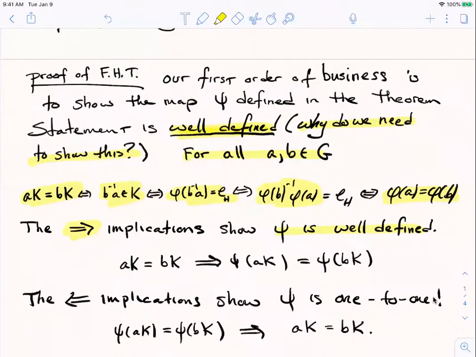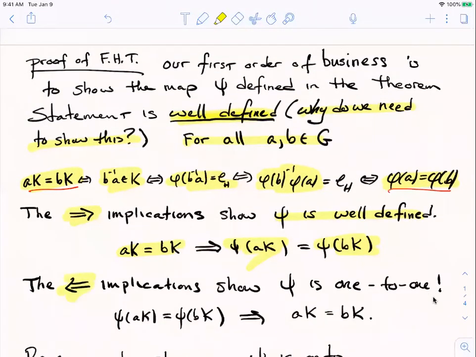Because I'm just going to look at the very first one and the very last one. It says that if the cosets containing A and B are the same, then, well, phi of A is psi of AK, and phi of B is psi of BK. So if the cosets are the same, then psi of them is the same. Psi is well defined.